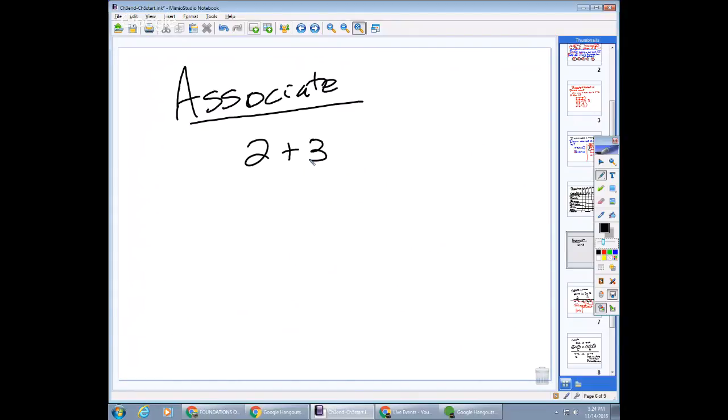However, if we throw in a third number, we could choose to associate those two first. However, we could also choose to associate the other two first. I'm not moving anything, I'm just changing the association order. Associate just means check out what's next to you.